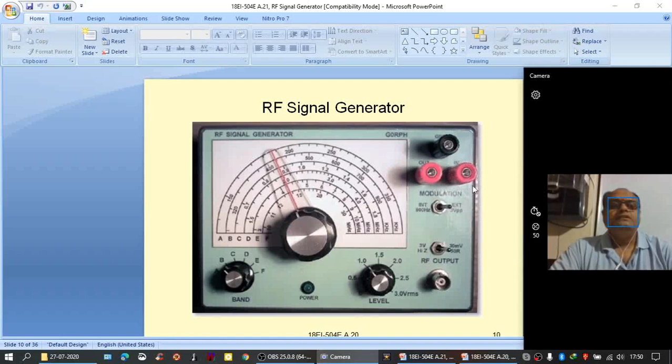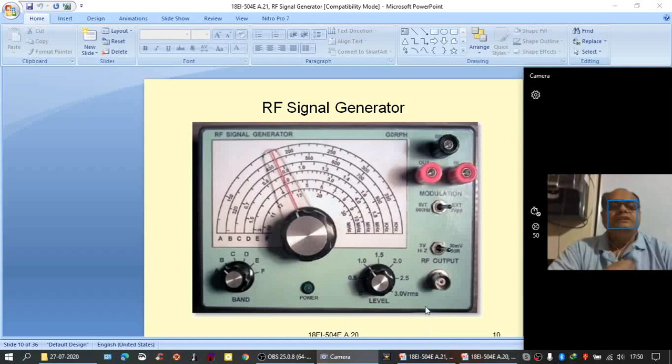One socket here is available with the name in red socket. There you have to apply the signal, and at the output you will get the modulated RF signal. And of course this is ground.